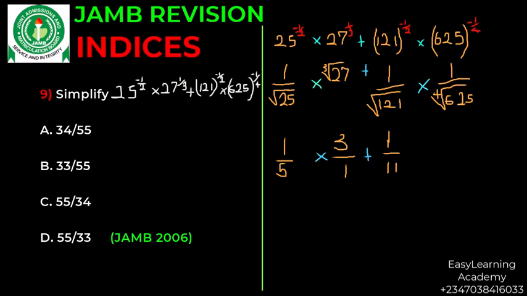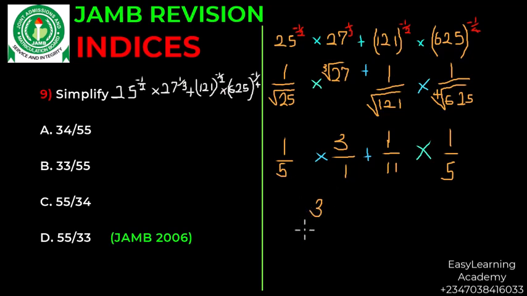And the last one there will be the fourth root of 625, and we know the fourth root of 625 will be 5. So this will become 1 all over 5. Okay, so 1 times 3 will become 3.